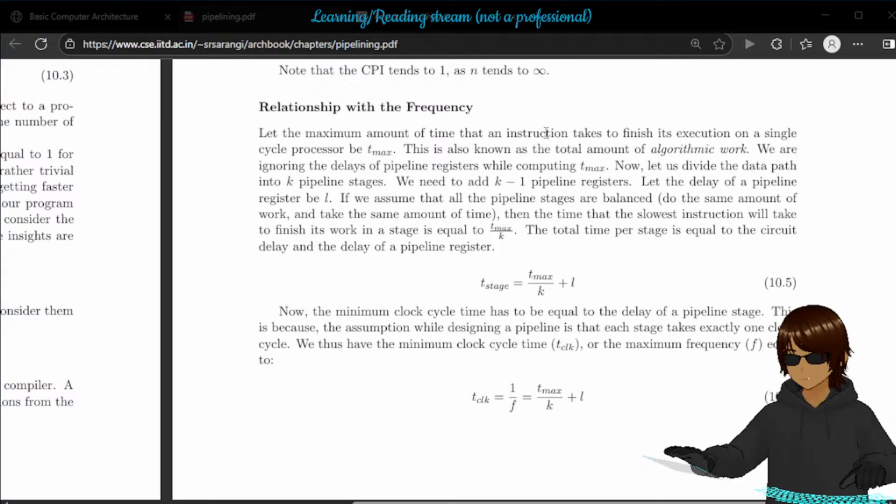So the maximum amount of time that an instruction takes to finish its execution on a single-cycle processor is T max, the algorithmic work. We need to add K minus 1 pipeline registers. Let the delay of a pipeline register be L. The total time per stage is equal to the circuit delay plus the delay of the pipeline register.